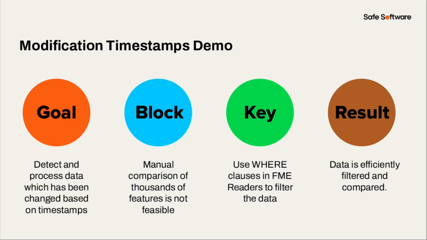Our block is that the manual comparison between data sets is really not feasible in most cases, especially if you have data sets with hundreds of thousands or millions of features inside of them. The key here is to use where clauses in FME to filter the records based on timestamp criteria. This allows you to isolate only the records that need attention without processing the entire data set. And the result will be data that is efficiently filtered and compared.